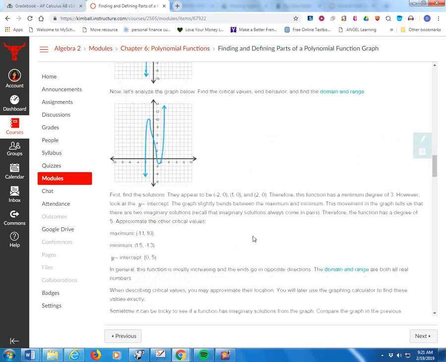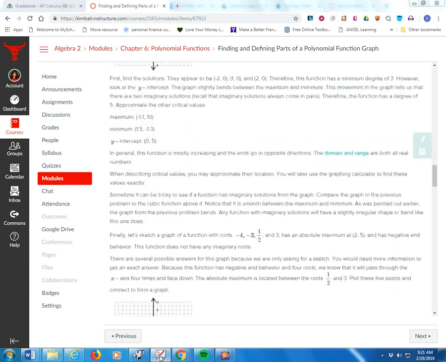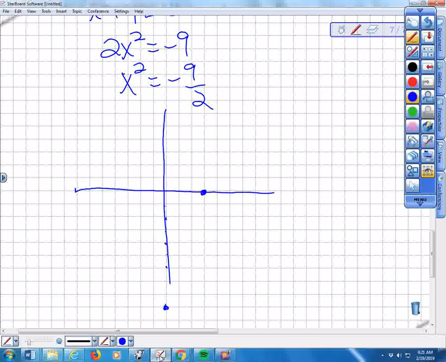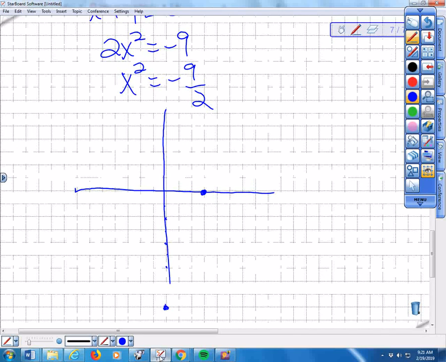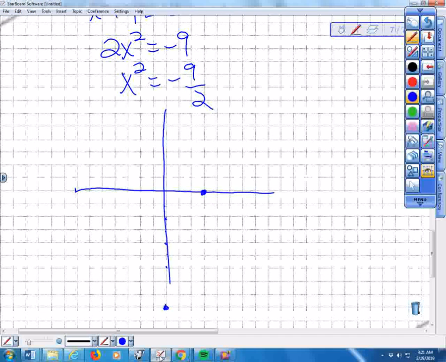So if I were to graph the one we just did, I know it has 2 imaginary solutions. I'm curious to see what it's going to look like in the graph. And I'm going to take my book over so I can actually graph it.